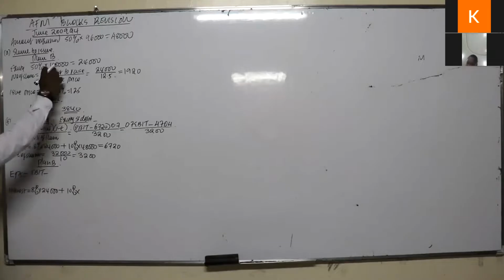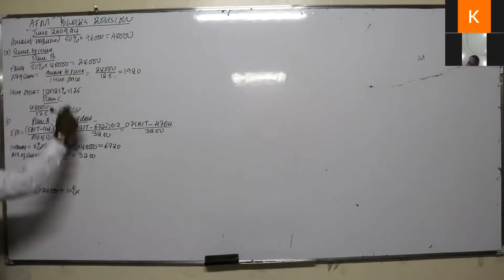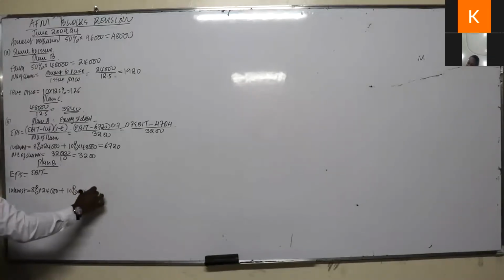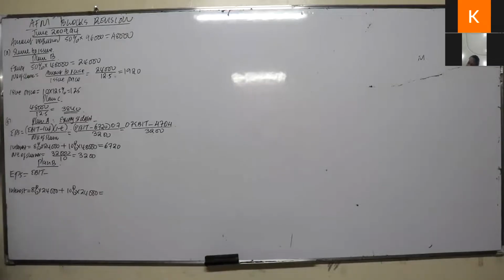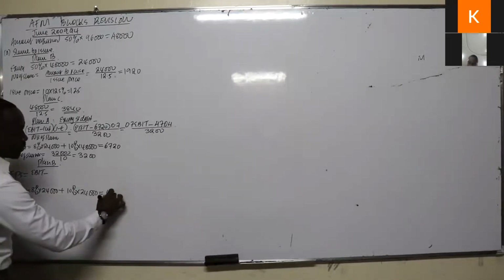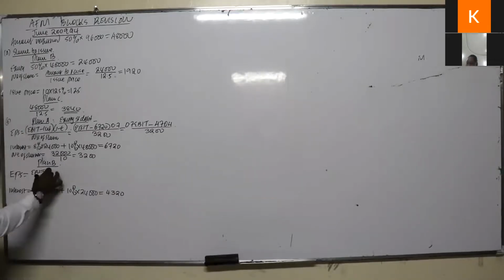We need 48, so the half is the other 24. So let's issue a debenture worth 24. So how much will be the total interest? 43.20.